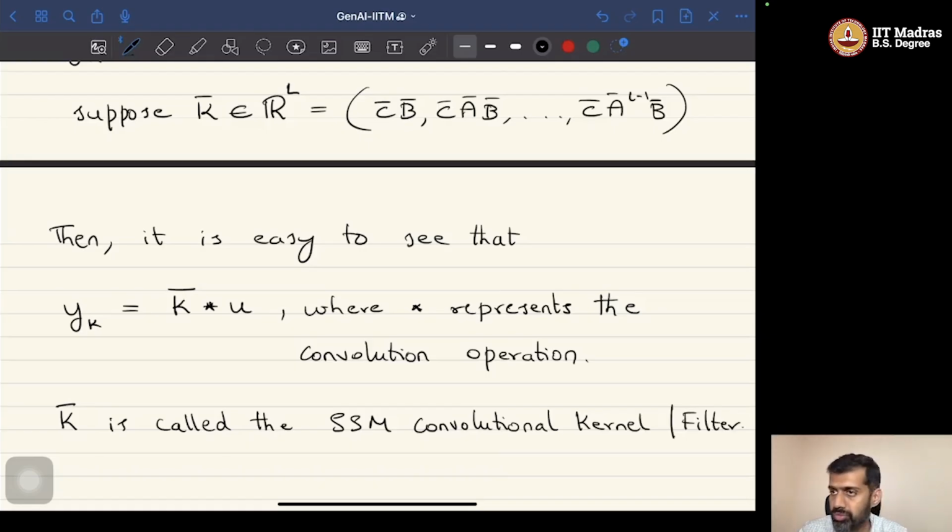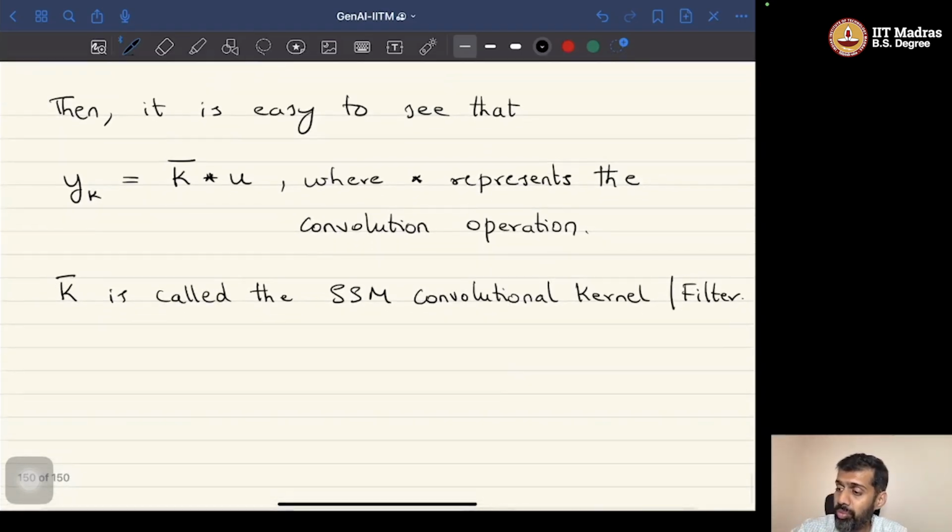Now one can guess what the size of this filter is. The size of the kernel is the same as that of the input sequence. If the input sequence is of length capital L, then the kernel is also of length capital L. So it's a pretty big filter, a very large filter that we are talking about.